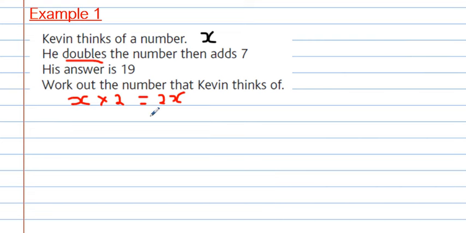Okay, so we are now told that he doubles the number, then adds 7. So the number it doubles is 2X, and it adds 7, and the answer is 19 here, so equals 19.